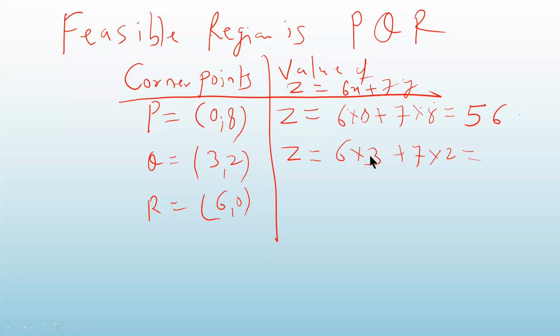So 6 into 3 is 18 plus 7 into 2 is 14. So 18 plus 14, how much? 32.